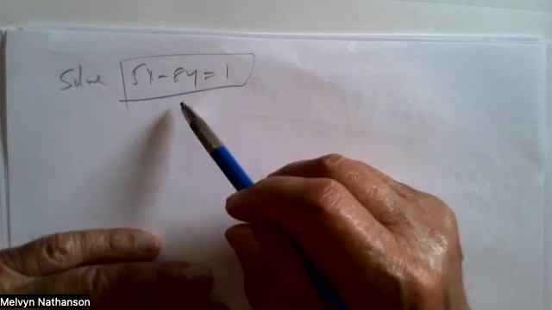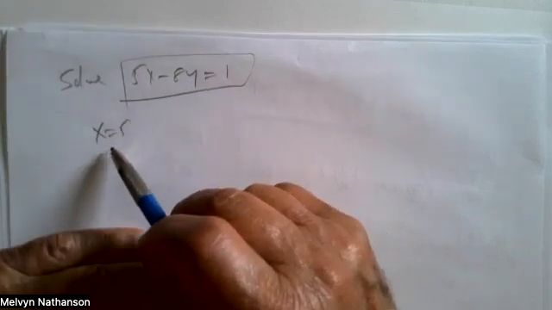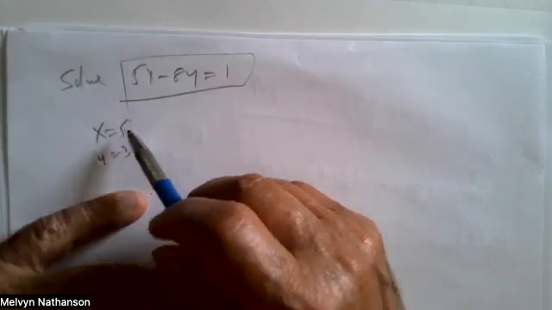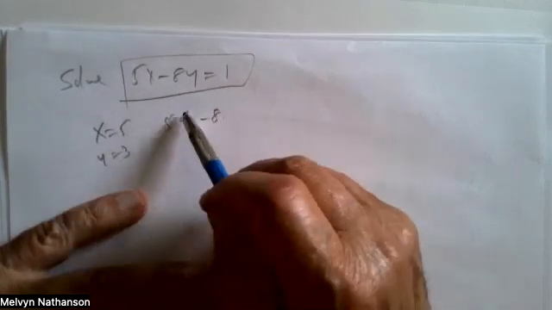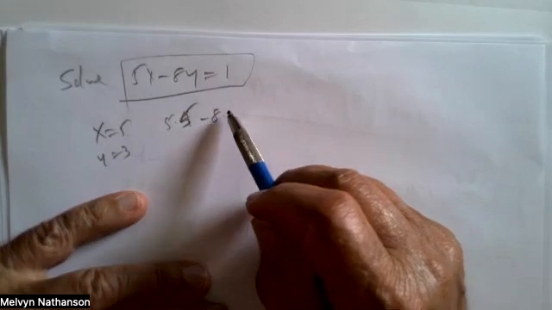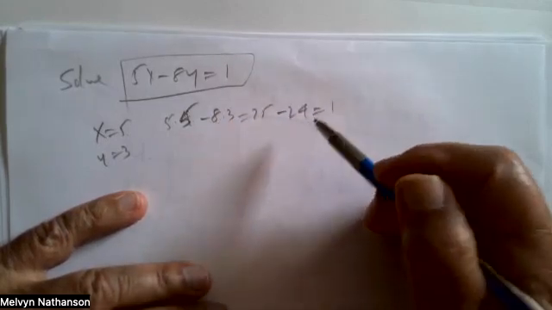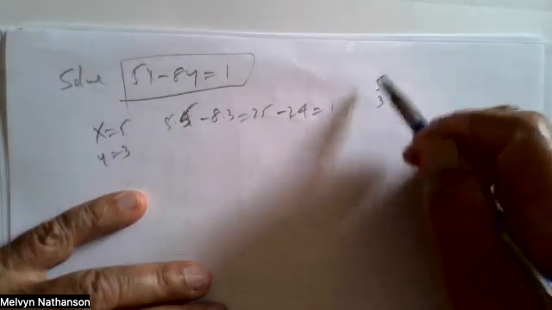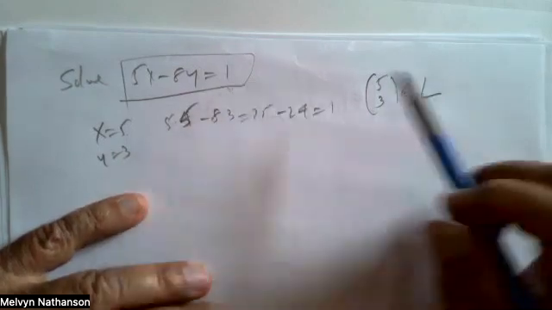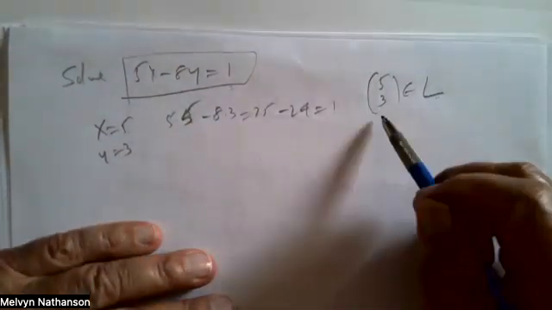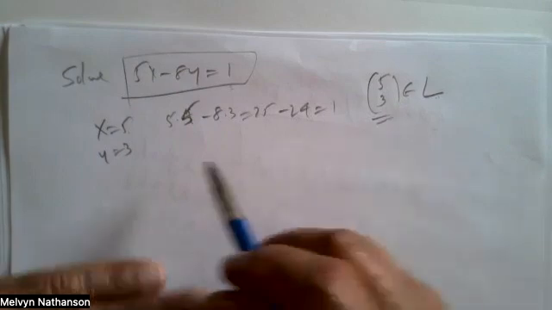Like if I take x equal 5 and y equals 3, 5 times 5 minus 8 times 3 is 25 minus 24, which is 1. So the vector (5, 3) is in L, which is the solution space of the inhomogeneous equation. So just by trial and error, I found a solution.